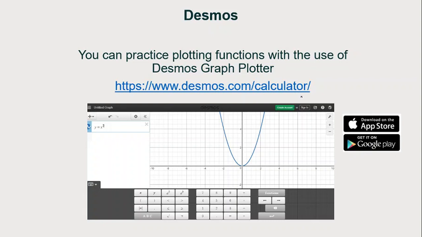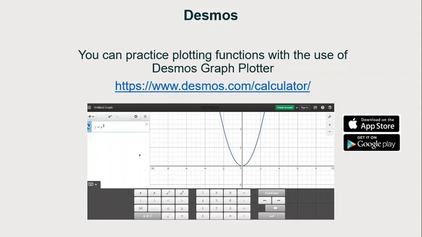If you are particularly lazy, you might want to go to the lecture slides, the PDF version of the lecture slides, which I provide on Moodle, and then just click on the link, or you can just Google Desmos calculator. Either way, that's what you will find once you go to the application or to the web application there.